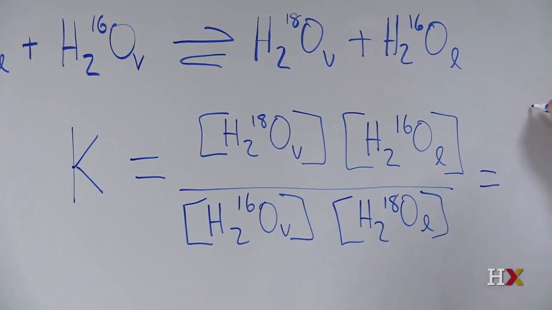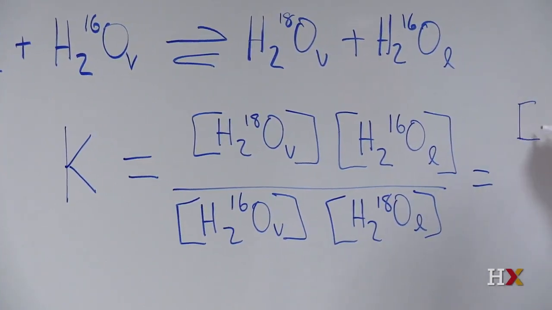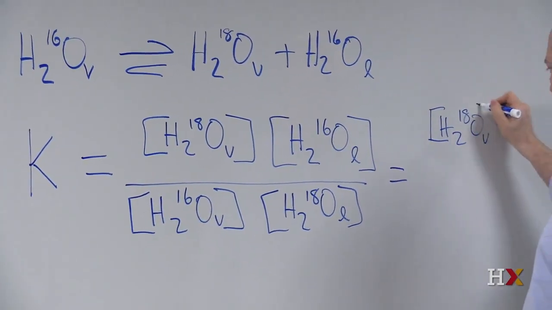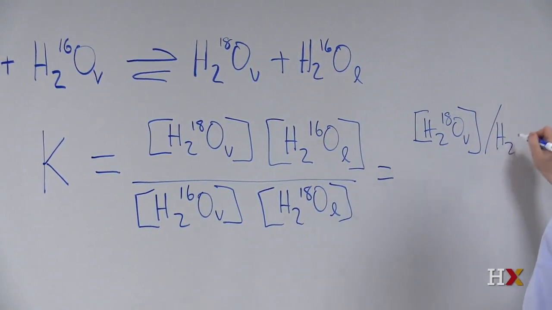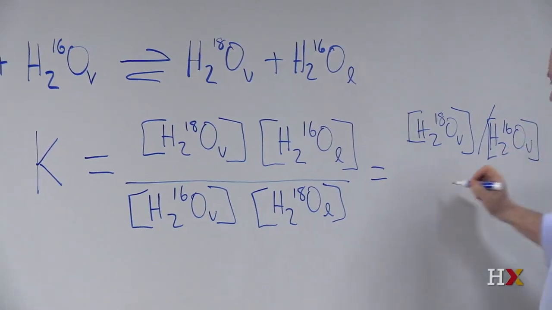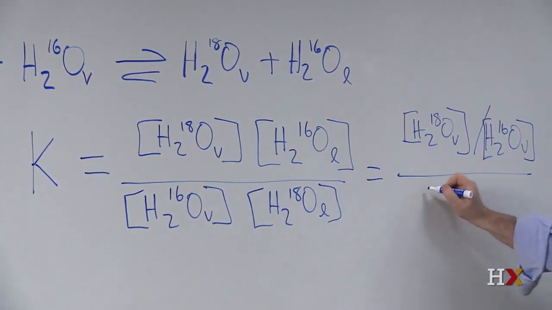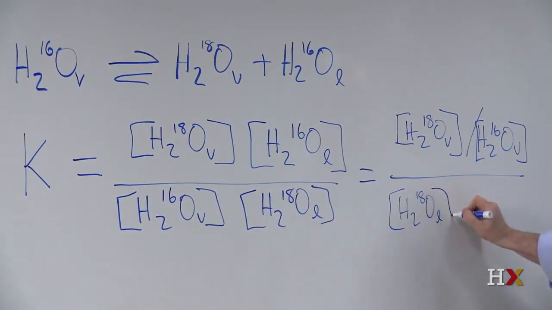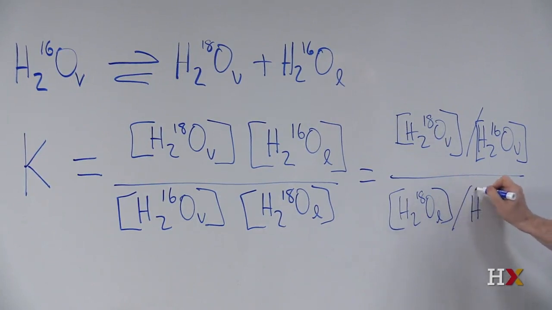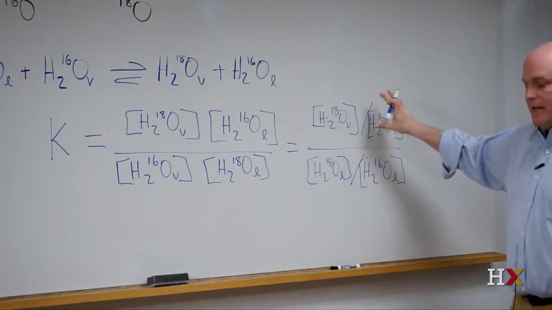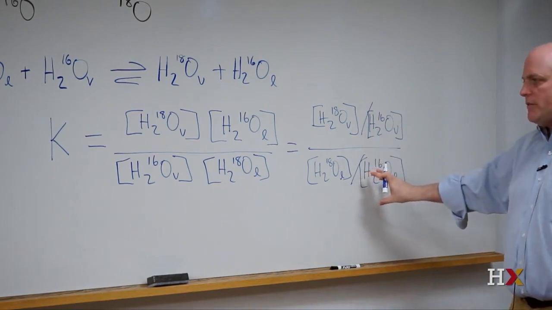This is simply the ratio of H2O18 in the vapor divided by H2O16 in the vapor, divided by H2O18 in the liquid over the H2O16 in the liquid. So this is just the ratio of oxygen 18 to 16 in the vapor phase versus the liquid phase.